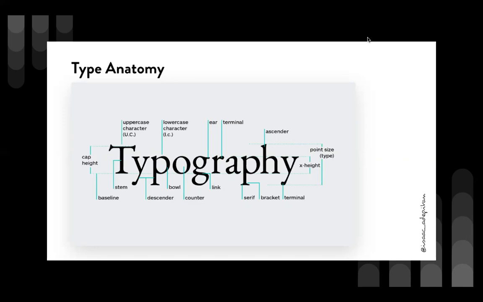It's more or less understanding what makes up type as a whole. Once you know some basic things like baseline and cap height, and how to kern, track, and do leading, those three are majorly the most important things, which we'll talk about. Once you know how to do those very well, you don't need to kill yourself understanding the anatomy, because there are people who live on their courses.